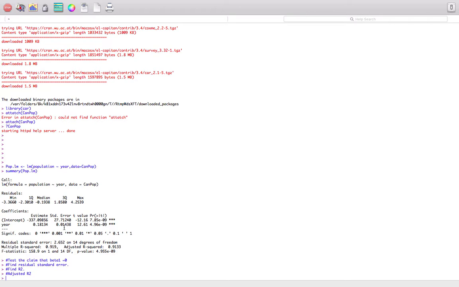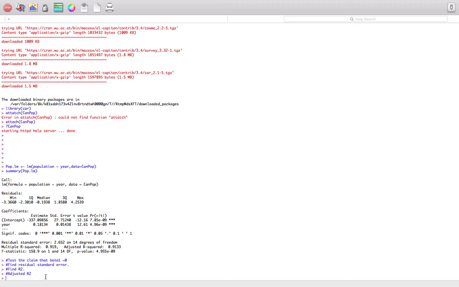Now, residual standard error is 2.652. So that's really the sigma hat of the model. Okay? Yeah, it's the sigma hat of the model. Sorry. Okay.